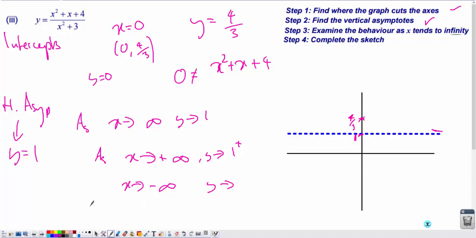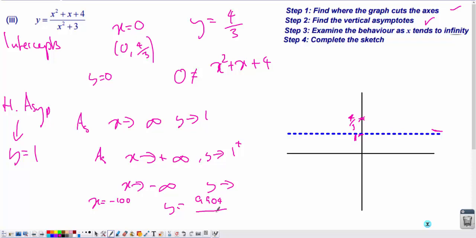Let's plug in x equals minus 100. What do we get? Well, y will be equal to minus 100 squared, so it's still positive, 10,000. So it's going to be 10,000 minus 100 plus 4. 10,000 minus 100 is 9,900, plus 4 is 9,904. So on top I have 9,904.